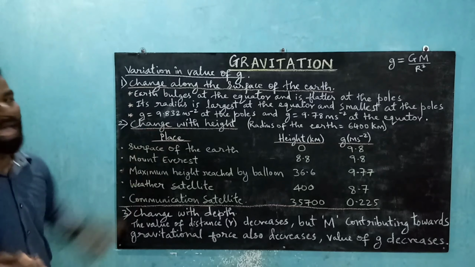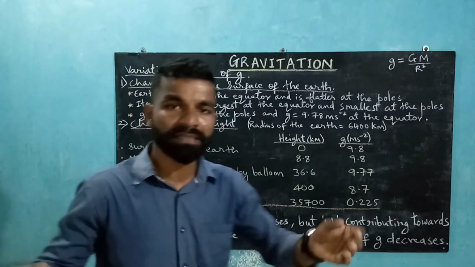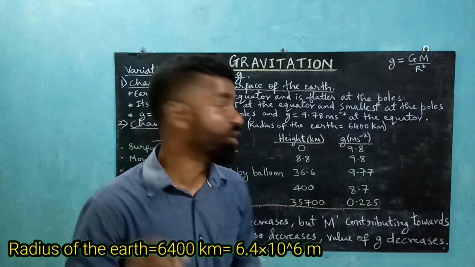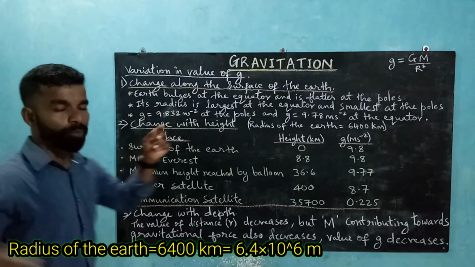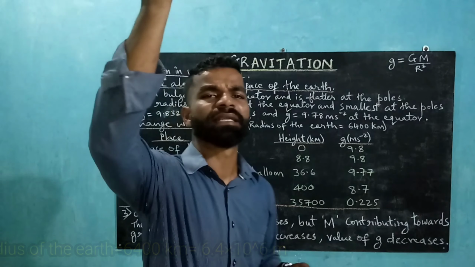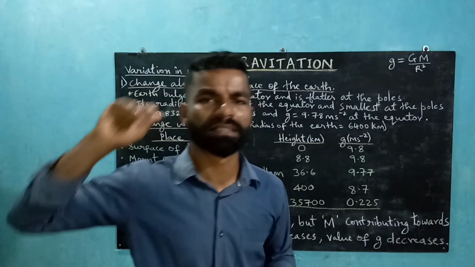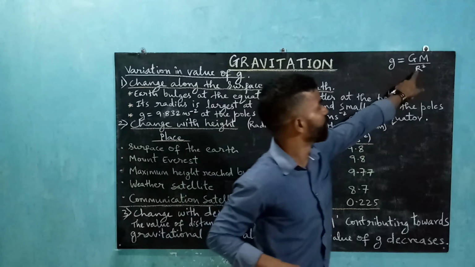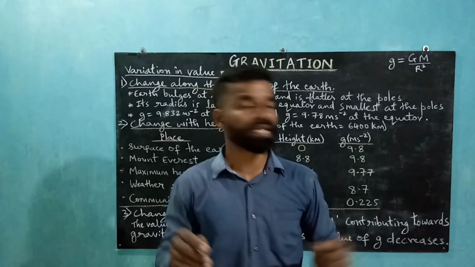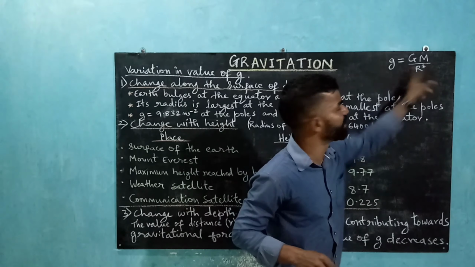Second, change with height. As you know, the radius of earth is 6,400 kilometers, 6 into 10 raised to 6 meter. So if suppose an object is at a height like 10 kilometers above the earth's surface, it will be 6,410 kilometers over here. The distance will be measured as r plus h the whole square.